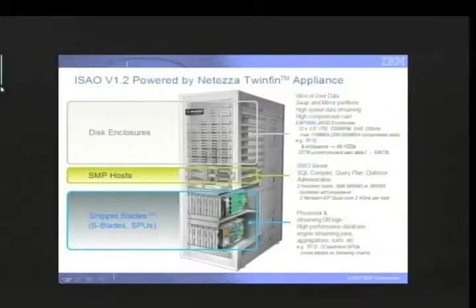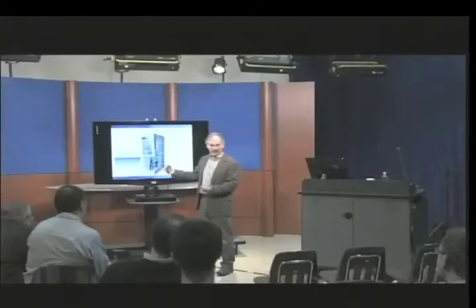These are x86 processors. You've got basically 2 of them in a kind of pizza rack format. And down here, you've got what they call snippet blades, and I'll describe them in a minute. These are IBM x86 blades in a blade chassis. One of the reasons this Netezza acquisition was very nice is they were actually using a lot of IBM componentry inside.